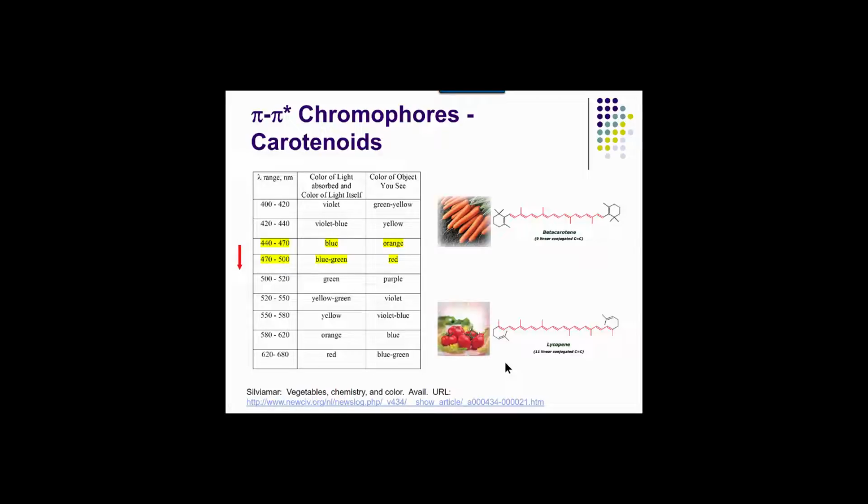Beta-carotene absorbs strongly in the visible spectral range between 400 and 500 nanometers, and lycopene, which has two additional conjugated double bonds, absorbs strongly between 420 and 520 nanometers. The absorbance for lycopene is red-shifted due to the extended delocalization, because we have these additional conjugated double bonds in the main chain of its structure. Pretty cool.